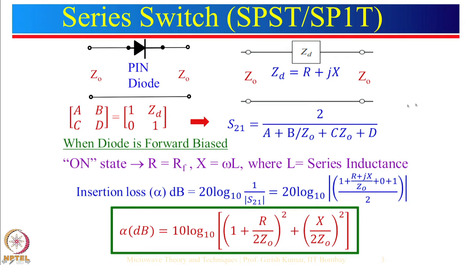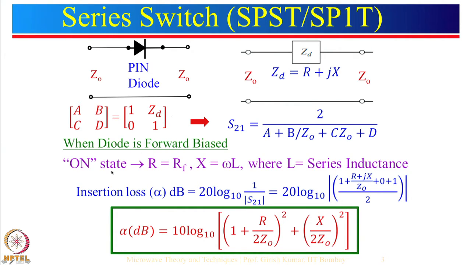S21 is given by 2 divided by A plus B normalized plus C normalized plus D. When the diode is forward biased, which is the case here, the switch is on. Whatever input is given will go to the output. And when the PIN diode is reverse biased, whatever input is given here, practically nothing should go to the output.